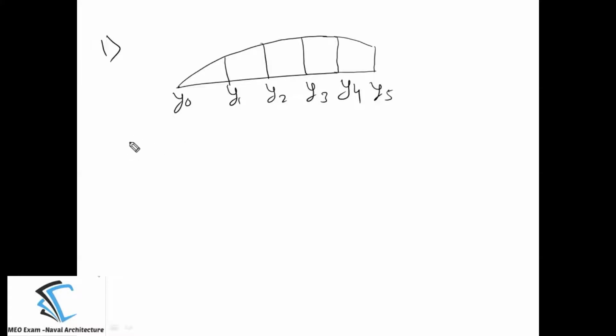So how many ordinates are there? I will take one more ordinate here, so it will be easy: y6.